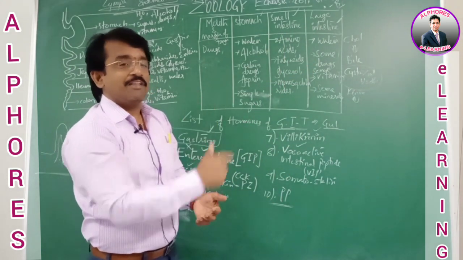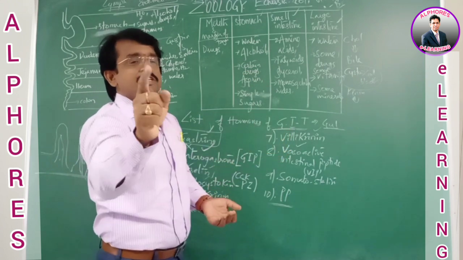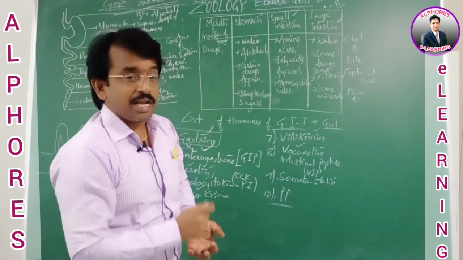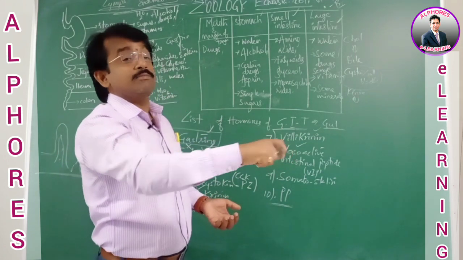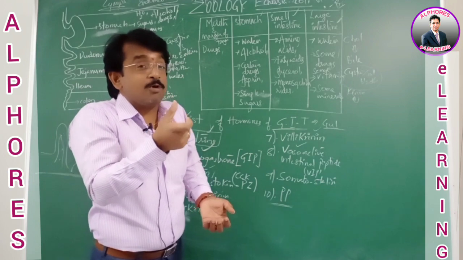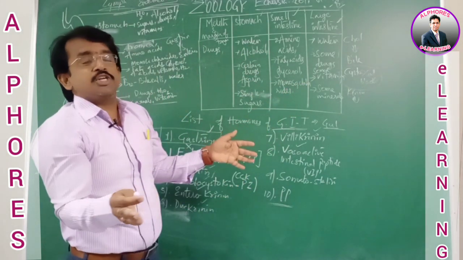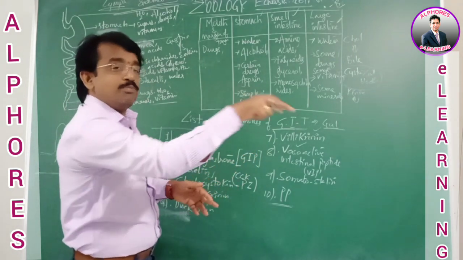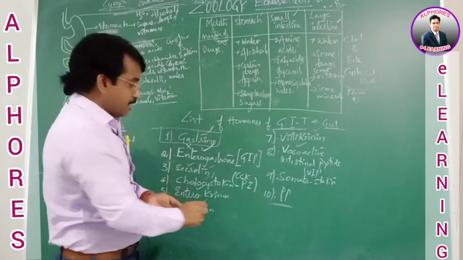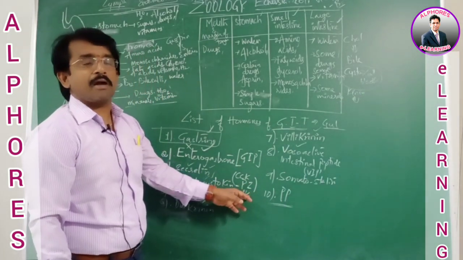From there, with the pancreatic duct, it forms the hepatopancreatic duct, opening into the duodenum, which is guarded by the sphincter of Oddi. Constriction of the gallbladder with relaxation of the sphincter of Oddi is the function of cholecystokinin. So bile juice is released, and at the same time it influences the pancreas to secrete the pancreatic juice.